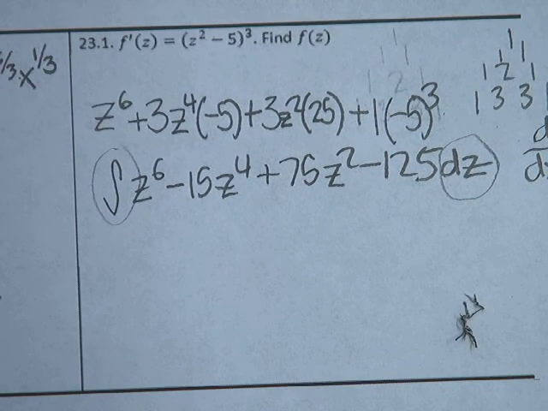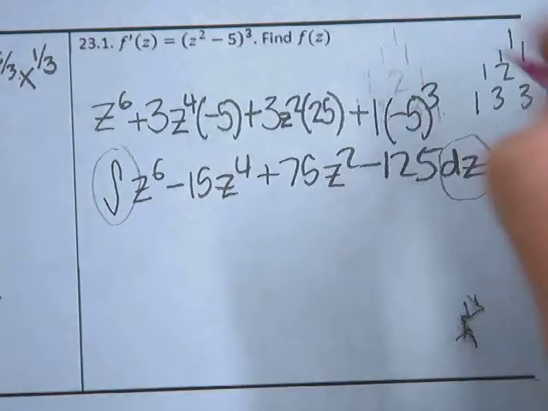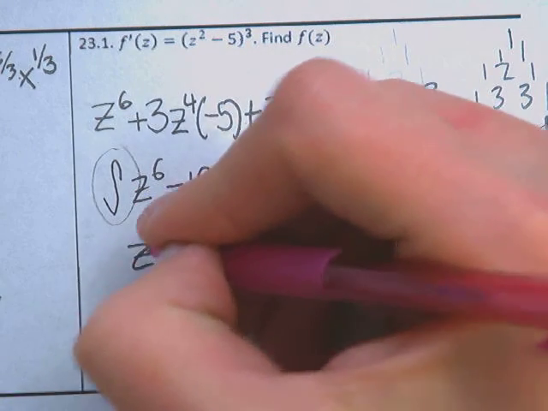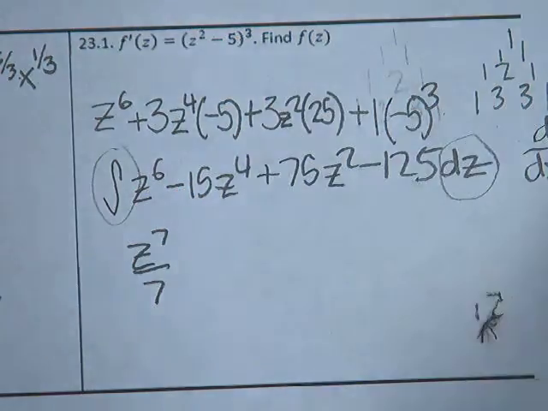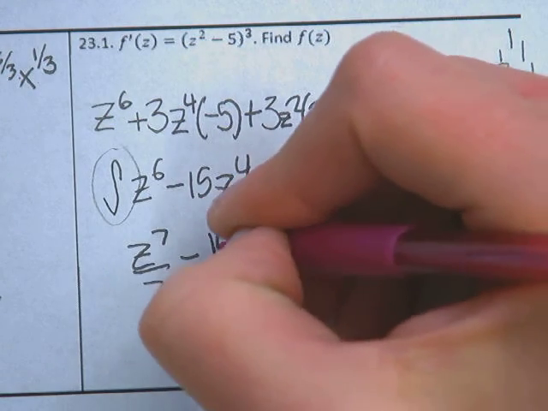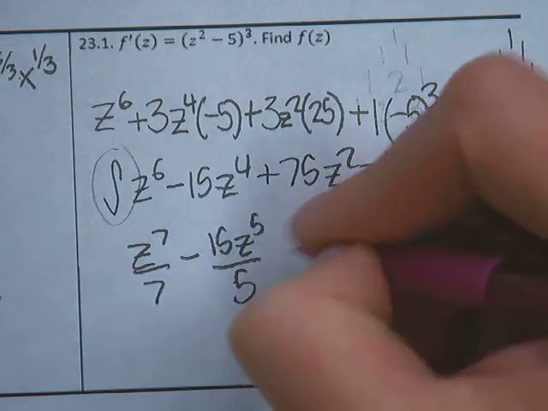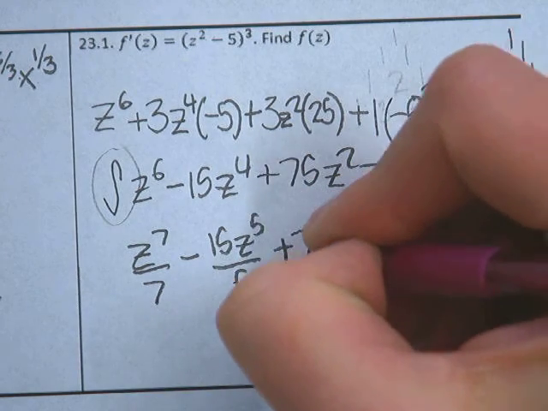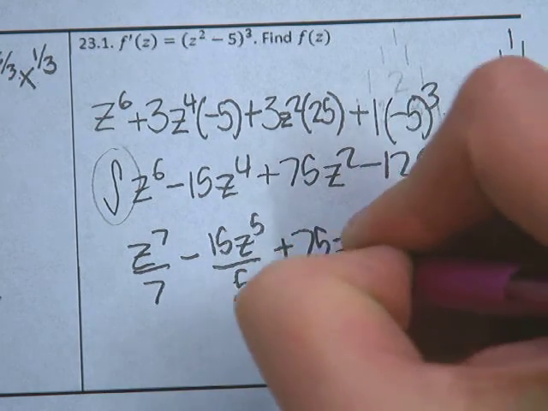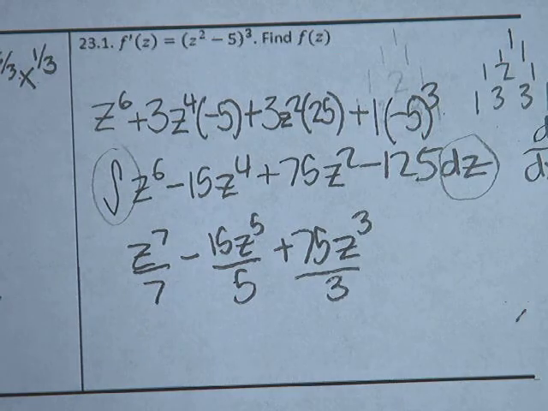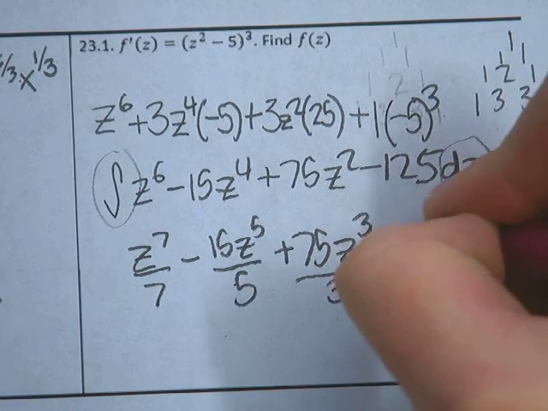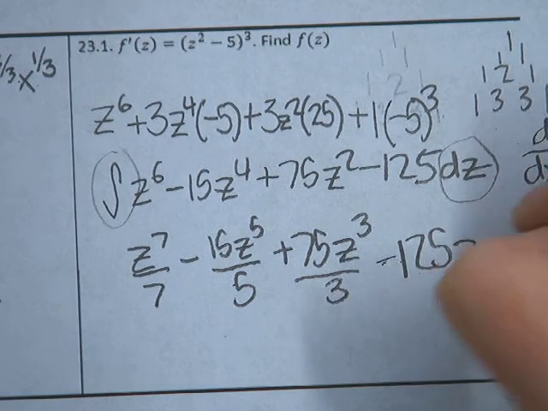All right, so we take the integral, we get z to the seventh over 7 minus 15z to the fifth over 5 plus 75z cubed over 3 minus 125z plus c.